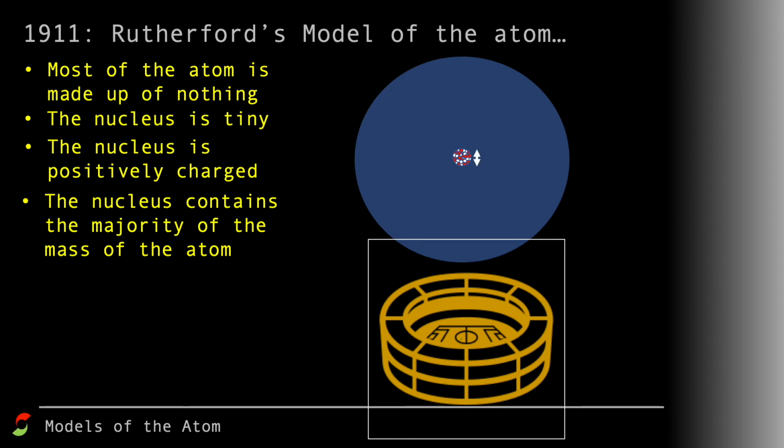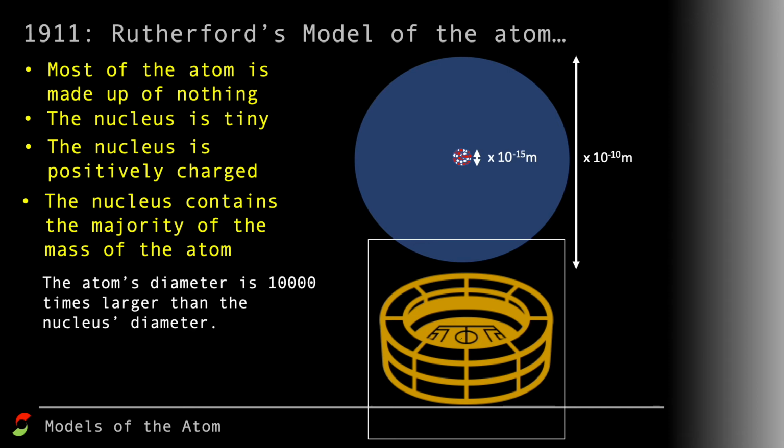In terms of size, the nuclear diameter is about a femtometer, or times 10 to the minus 15 of a metre, which is very, very, very small. If we compare that to the size of an atom, that's approximately times 10 to the minus 10 of a metre. Atoms of different elements vary in size, but they're all of approximately this size: in the region of times 10 to the minus 15 of a metre for the nucleus, and in the region of about times 10 to the minus 10 of a metre for the atom, with some variation depending on which element is being discussed.